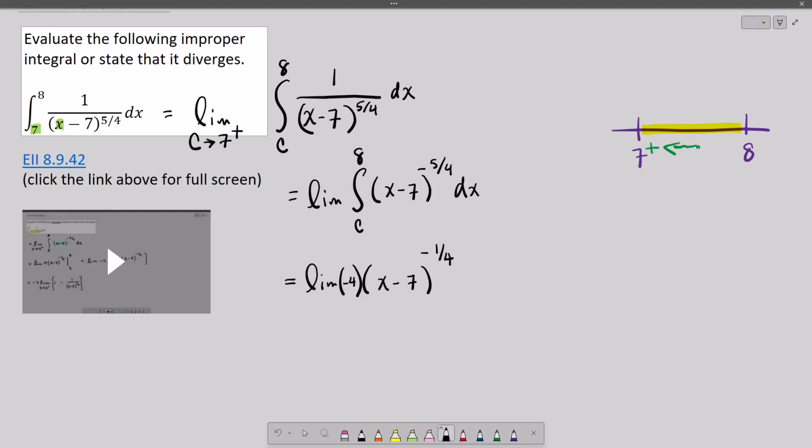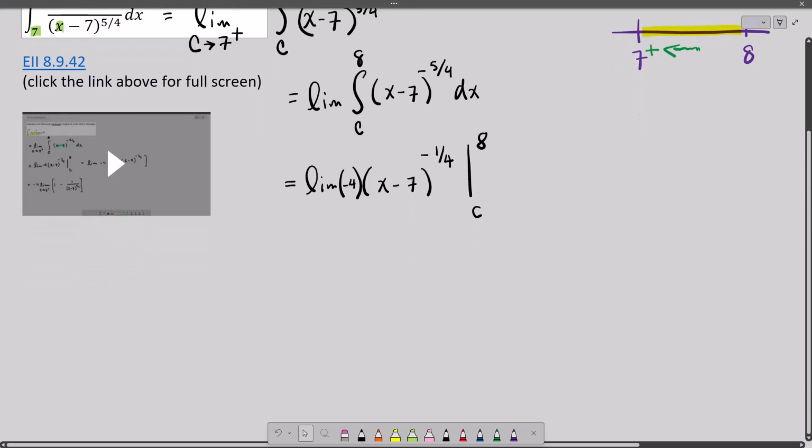Now, typically, we would have to do an RCR also. But what is the derivative of this base? 1. So dividing by 1, you can't see it happening, but it is. And then our limits of integration are c to 8.